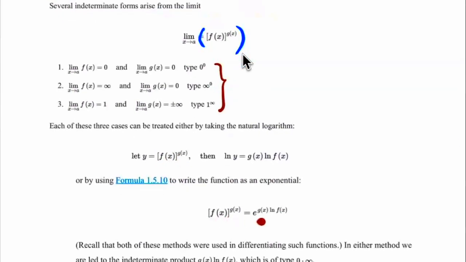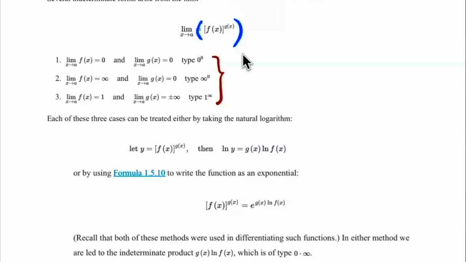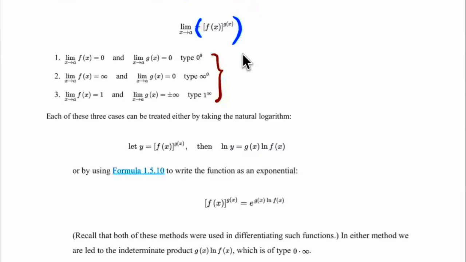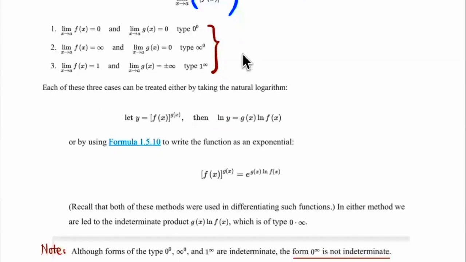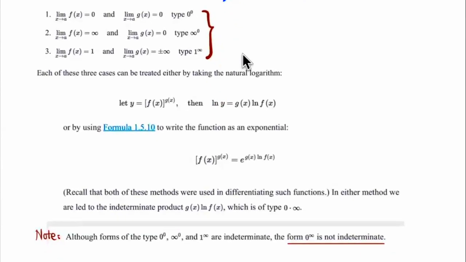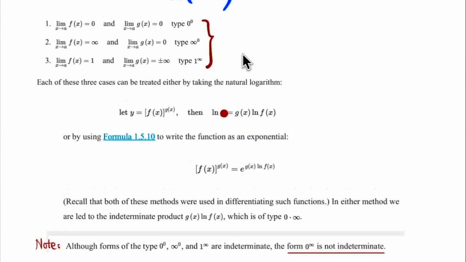That way we can find the limit of ln of y. And then at the end, once you find the limit of ln of y, you can find the limit of y.